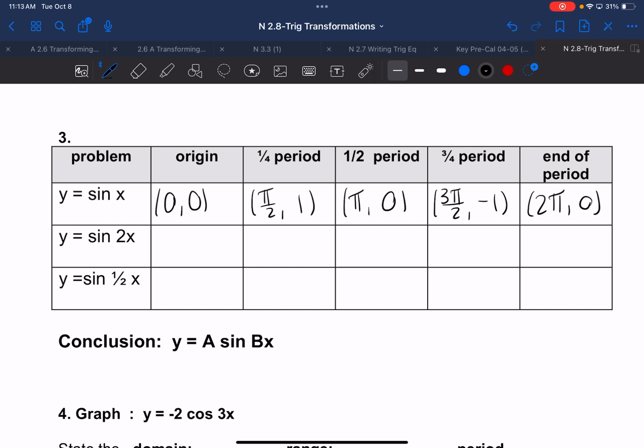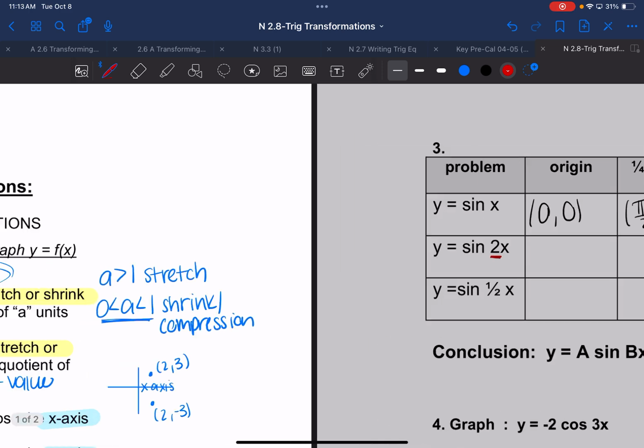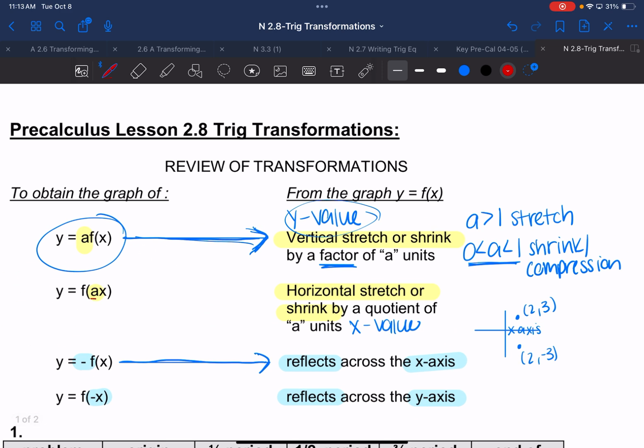Okay. Now we need to make the changes that they're asking about. So this time, they put the 2 after sine, right, inside the function with x. So if you flip back over on the front, when that value is in here with x, that means that we have a horizontal stretch or compression, right? And we said if you are changing something horizontally, you're changing the x value. So I'm not changing y anymore if it's in here.